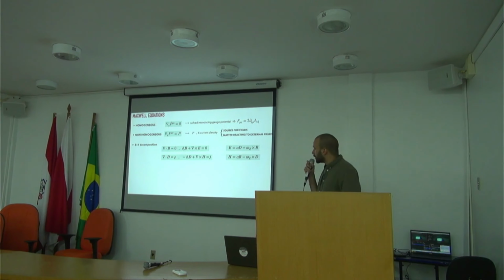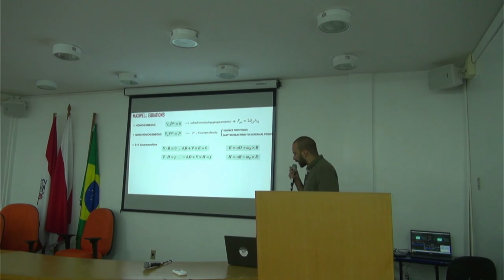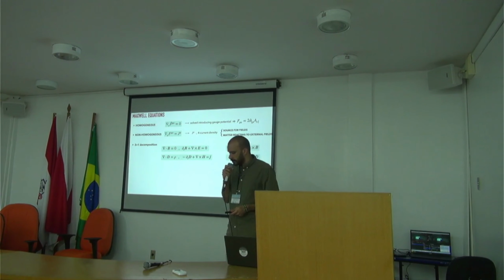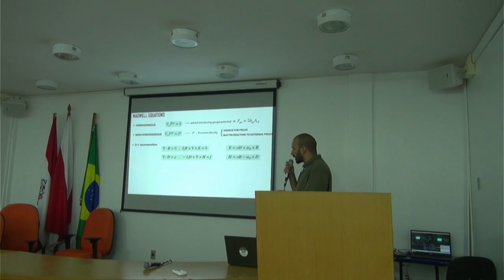The only thing is that the constitutive relations now relate these fields in terms of the lapse function and the shift vector. So in this sense, the general relativistic version of the Maxwell equation reminds of the Maxwell's equations in a medium. This is a standard result of black hole electrodynamics.